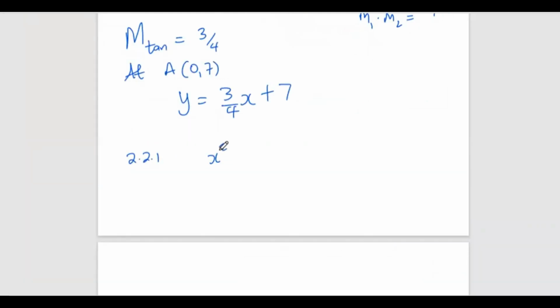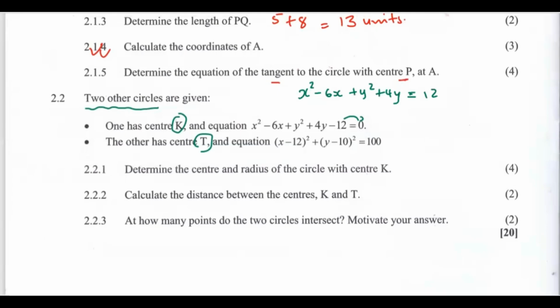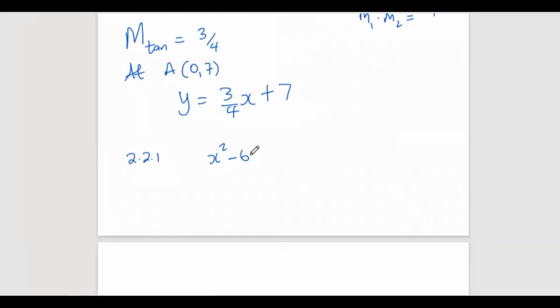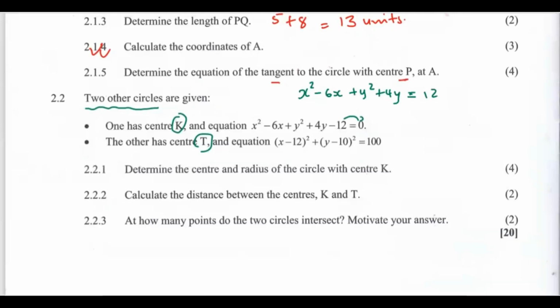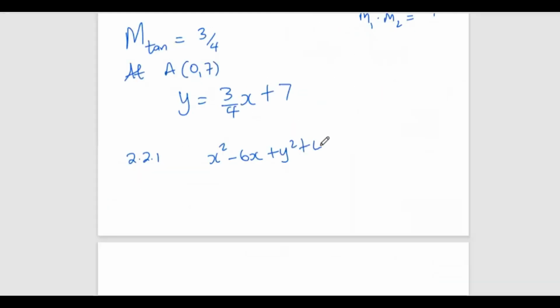We said x squared minus 6x plus y squared plus 4y is equal to 12. Okay guys, so we're going to open two brackets.